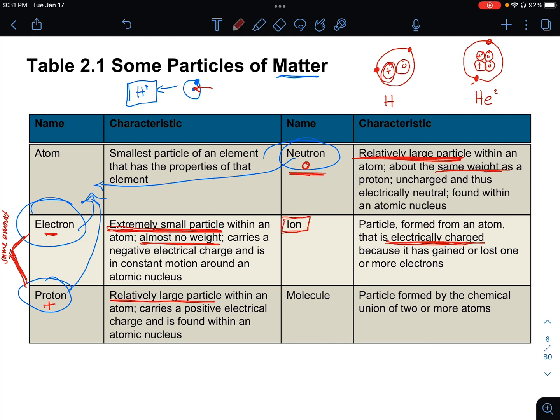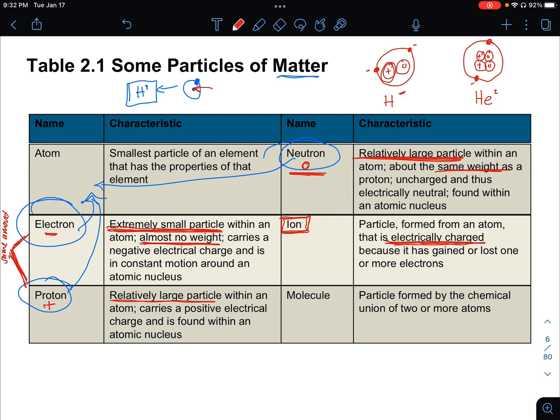This atom now has one proton, one neutron, and two electrons. So this hydrogen atom is no longer electrically neutral. It is actually going to have a negative charge. So this is now an ion because it is negatively charged.